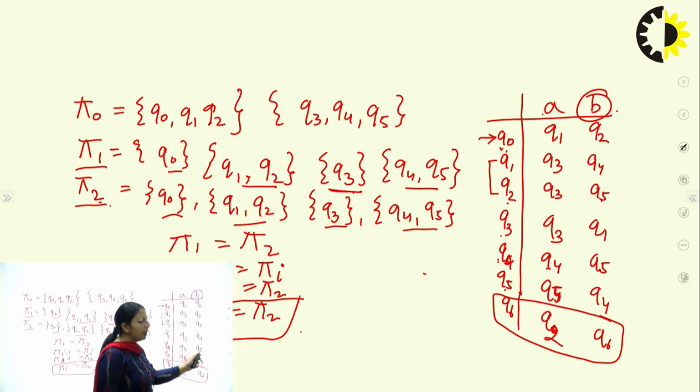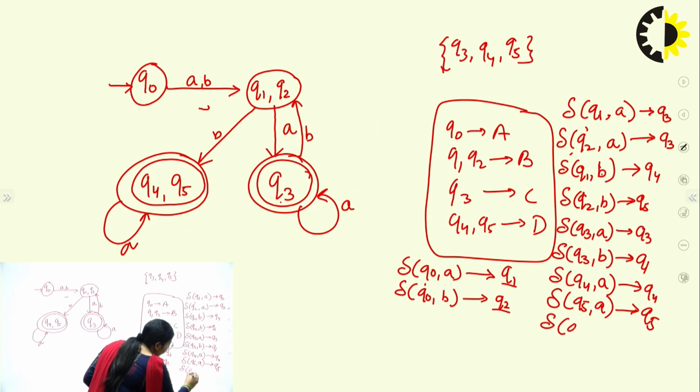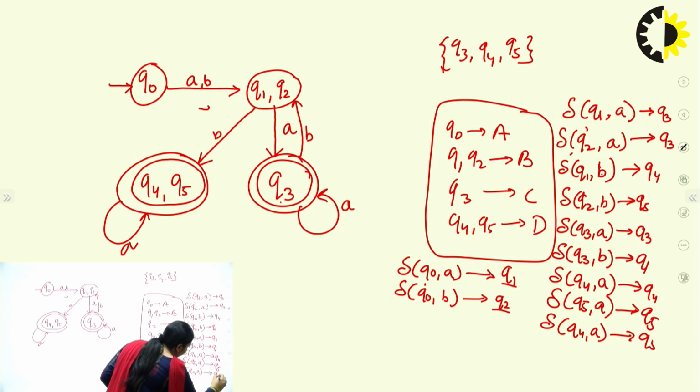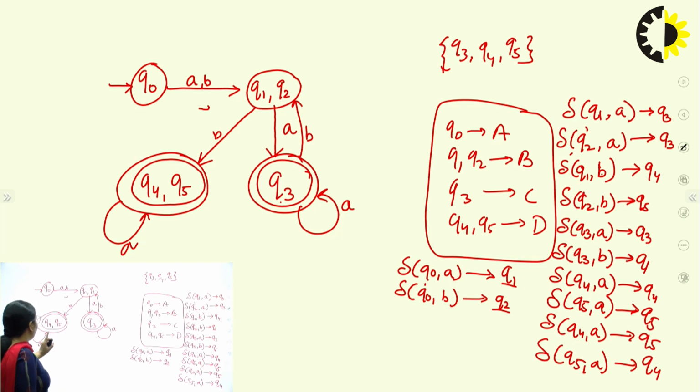Q4 on B goes to Q5 and Q5 on B goes to Q4. So for input A as well as for input B, they remain in the same set.